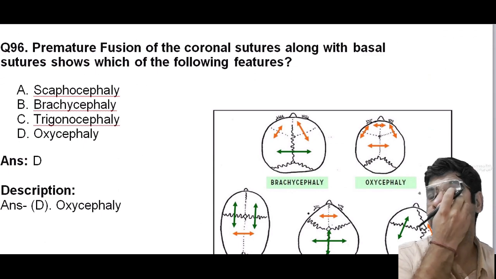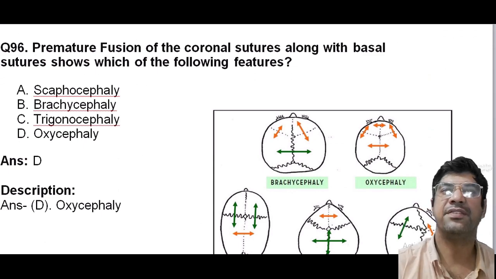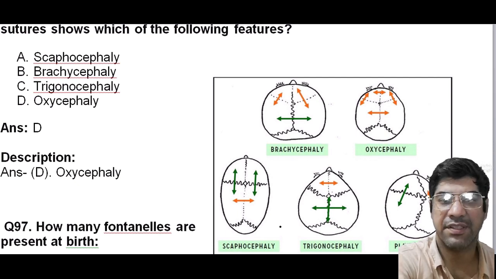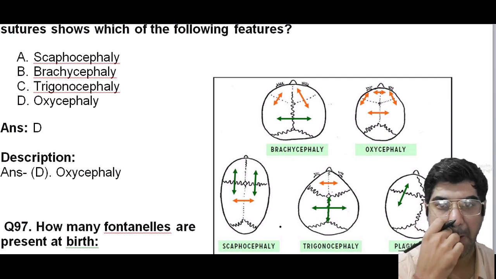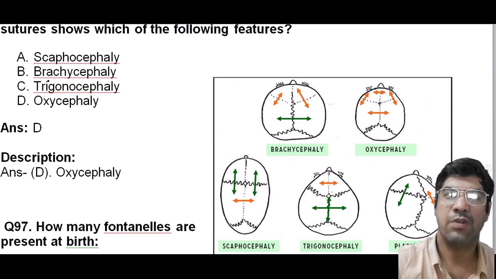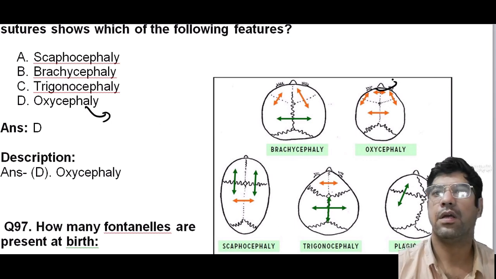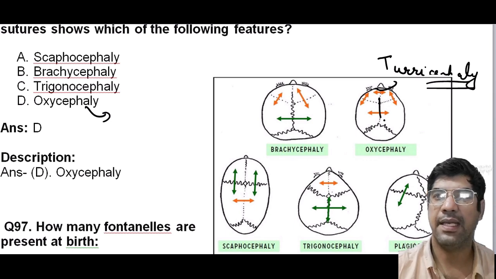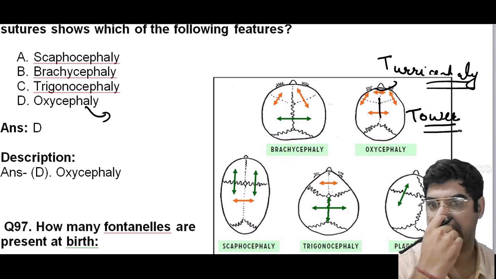Premature fusion of the coronal suture along with the basal suture shows which of the following features? The answer is oxycephaly. Oxycephaly is also known as pyrgocephaly, where multiple sutures in the skull fuse prematurely, leading to a tower-shaped head.